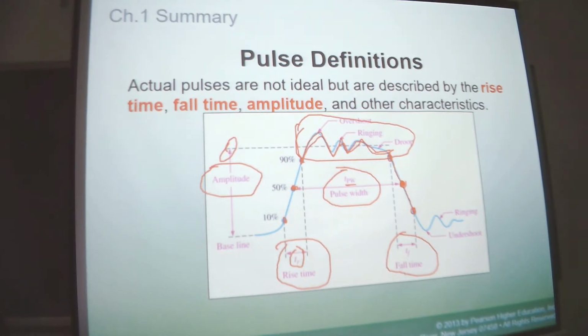So it is named fall time, and the symbol is TF. F represents fall. So the four terms are very important.